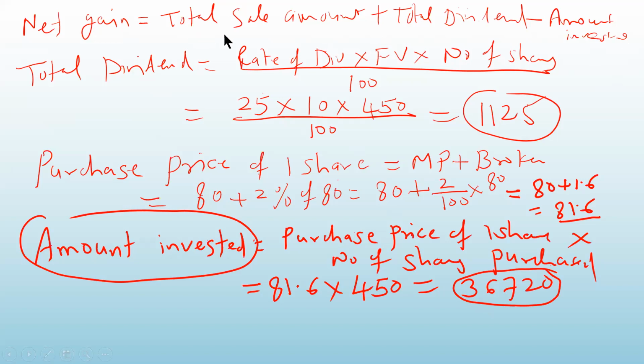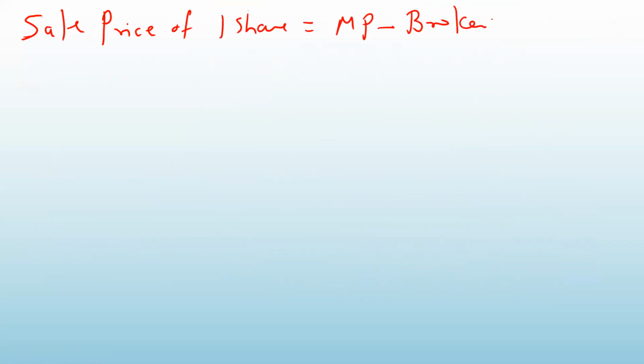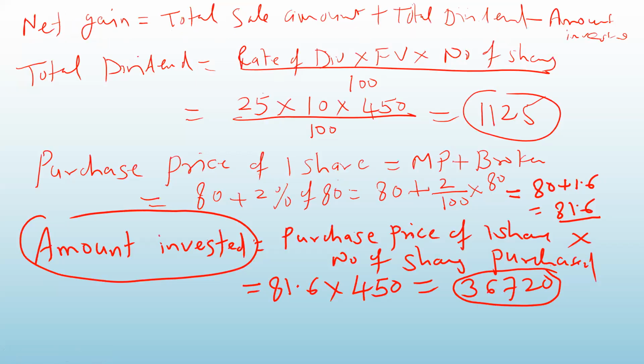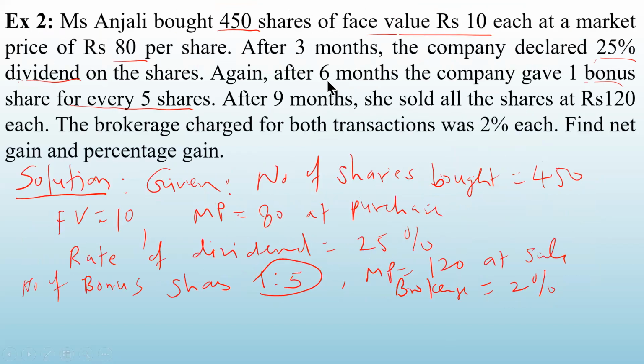Now what is remaining? To find out the total sale amount. To find the total sale amount, we must know the selling price of one share. How do we calculate the sale price of one share? It is equal to market price minus brokerage. When you find the selling price, you subtract the brokerage from the market price. What is the market price at the time of sale?